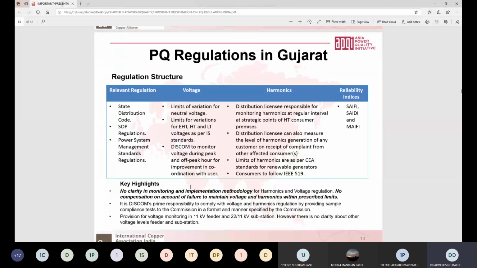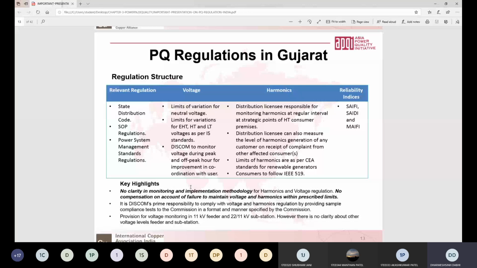Then what is the power quality regulation in Gujarat? In the same way as Maharashtra, the SERC of Gujarat makes its own standards based on the standards followed by the CERC, Central Electricity Regulatory Commission. Some of the standards are changed by the SERC, and they have the same voltage standards for extra high tension and low tension voltage as per the IS standards.